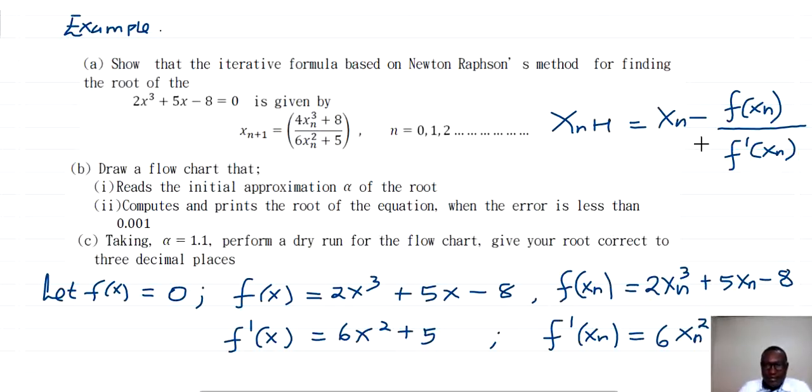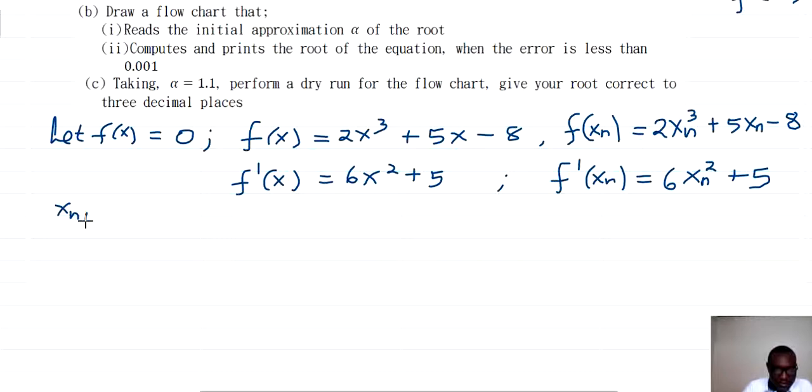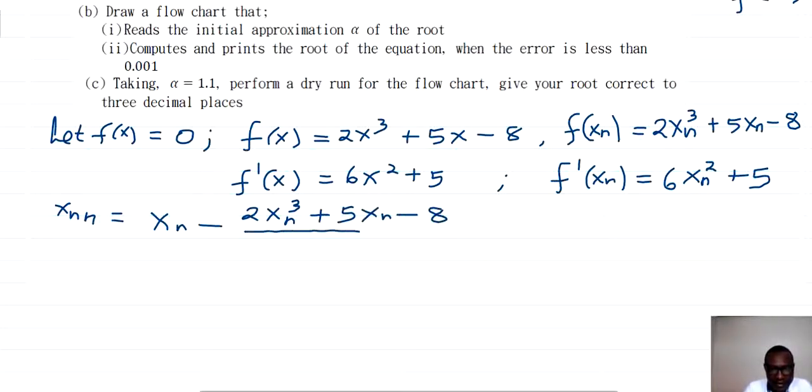So we have everything required to substitute in the formula. x_{n+1} is going to be equal to x_n minus f(x_n), which is 2x_n^3 + 5x_n - 8, everything divided by 6x_n^2 + 5.